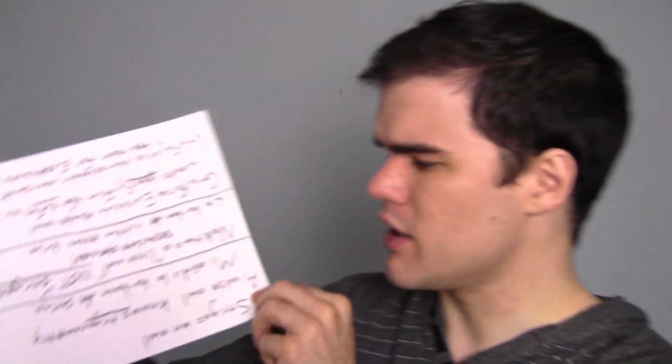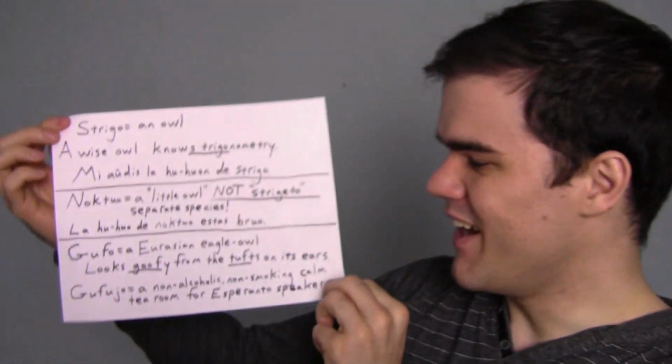But because it's a verb, it's a place for doing that verb, ello. Whereas this is not a place to goofy, it's a place to be an owl, and it's a place for owls to sort of get together. So that's why it's gufujo. It's a place to contain us owls instead of a place to owl around. Okay, it's a minor difference, but I just wanted to let you know that in case you're curious.